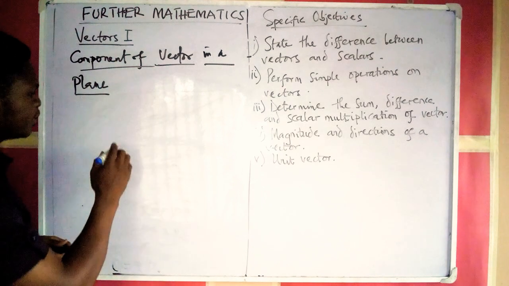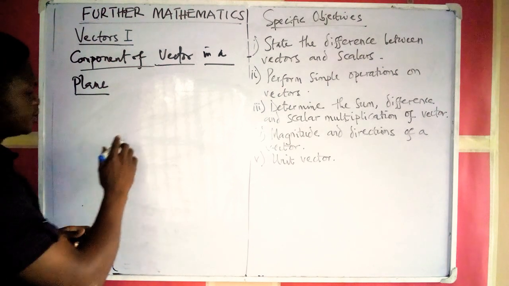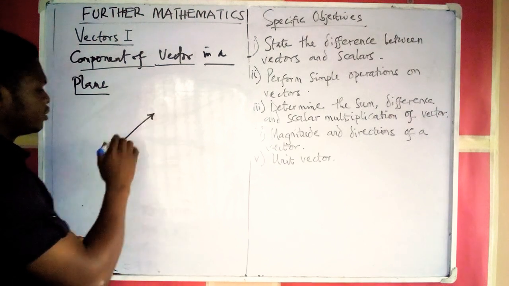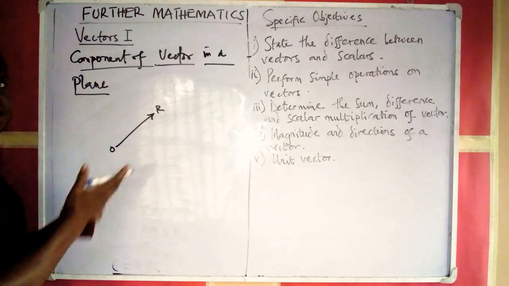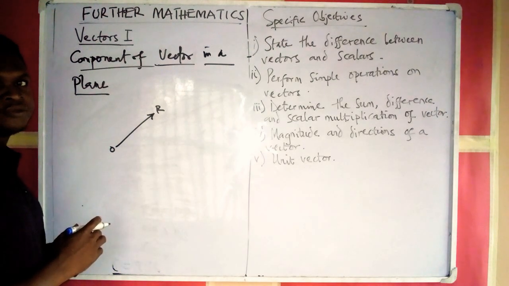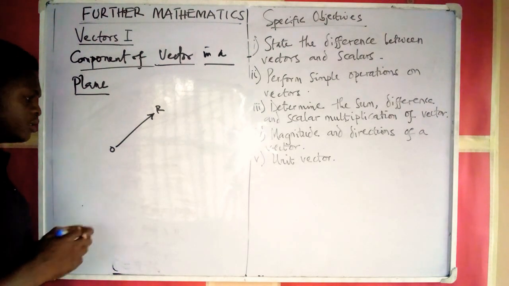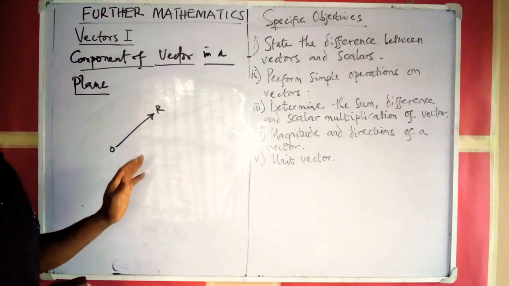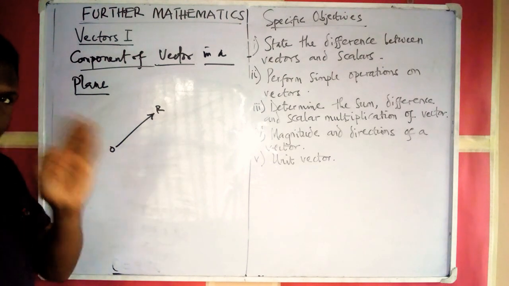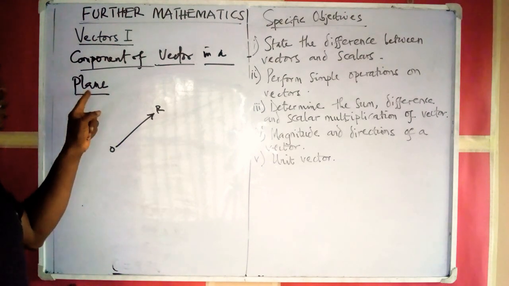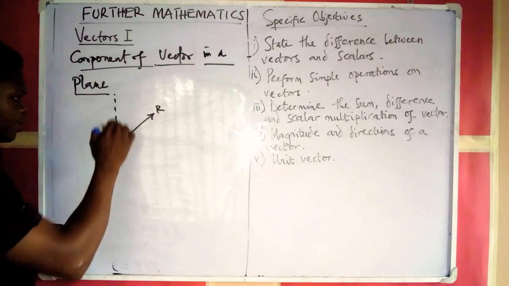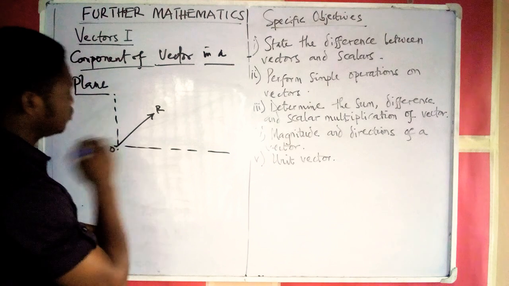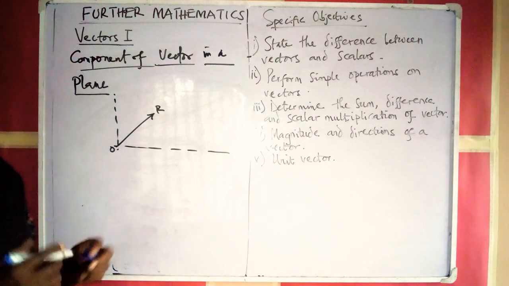Now, assuming you have a vector, you have to listen attentively. You have a vector, let's say OR. This is a resultant vector OR. It is possible that this vector can be resolved into components, and because it's in a plane, it will be resolved into the vertical and the horizontal directions.